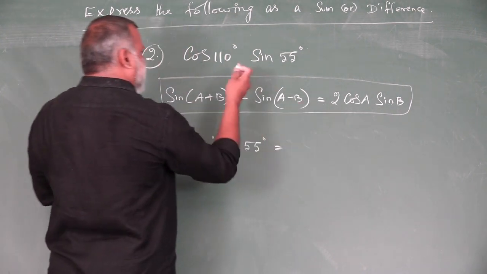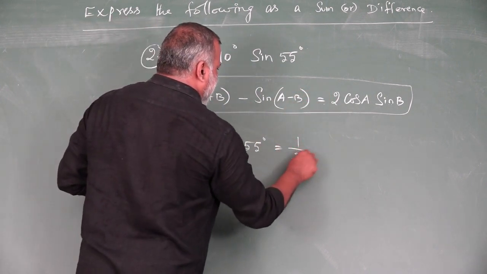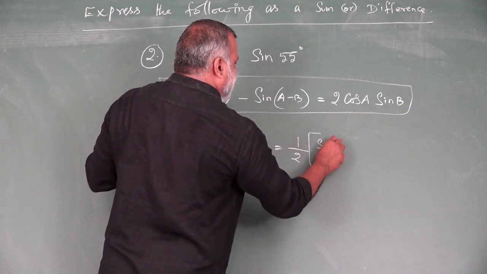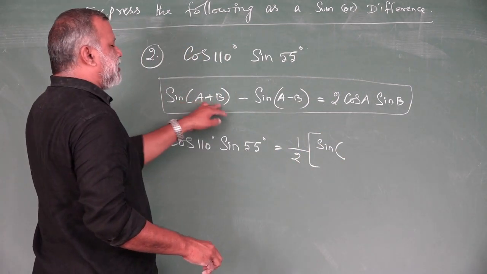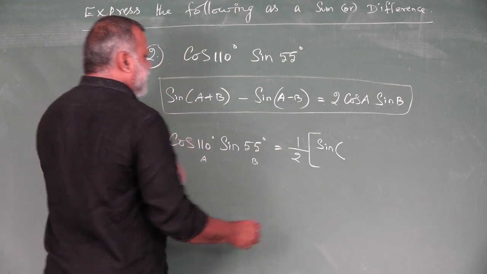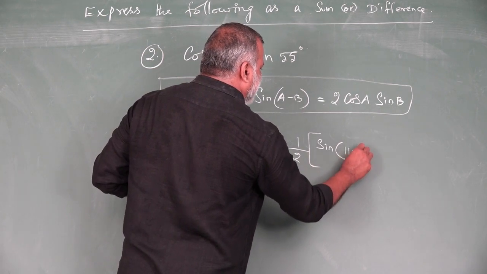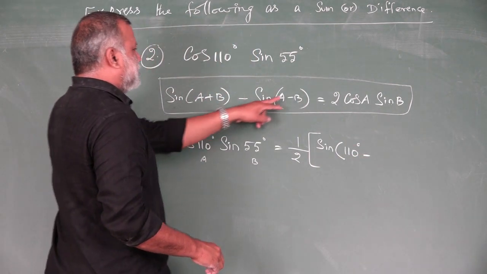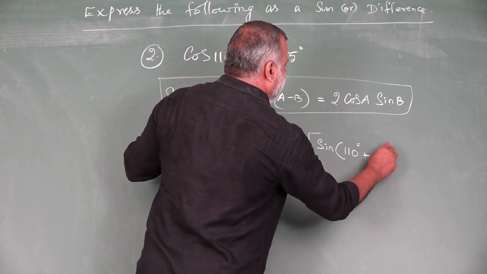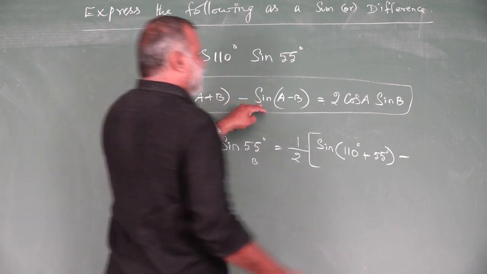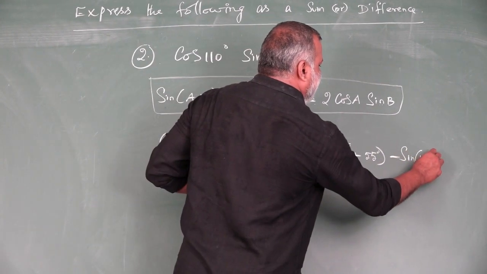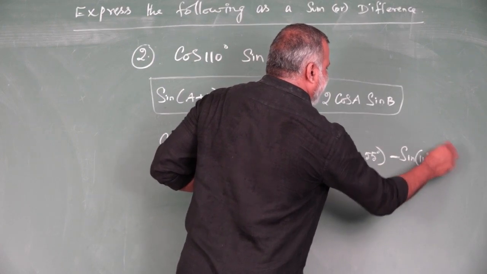That means we get half here, avoiding the 2. Sin of (A plus B): A is 110, B is 55, so sin of (110 plus 55), in between minus, sin of (A minus B), where A is 110 minus B is 55.